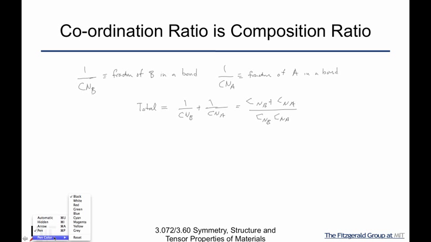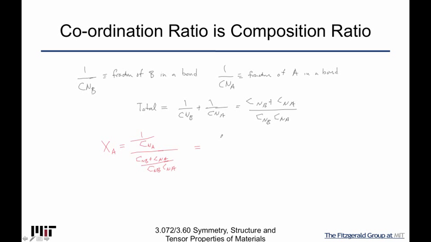So now if we just want to look and say, aha, the composition of A is, and you can see here how whatever fraction we're talking about from an A perspective, when this flips over, it actually cancels this one. And that's why you end up with, running out of pixelization, but essentially C and B. And then XB would be the same.